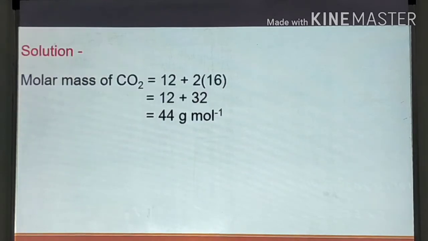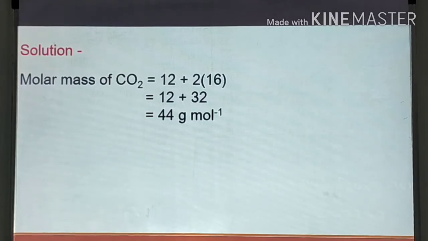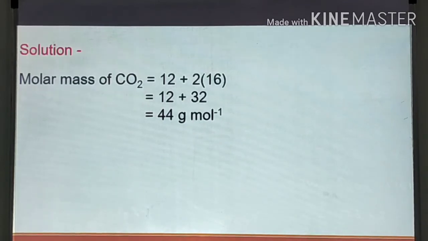See the solution. To find out the number of moles, first I should know the molar mass of CO2 gas. How do you find out molar mass? I find out the molar mass by adding the atomic masses. Atomic mass of carbon is 12. Atomic mass of oxygen is 16. There are 2 oxygen atoms, so it should be 2 into 16. So the molar mass comes out to be 44 grams per mole.